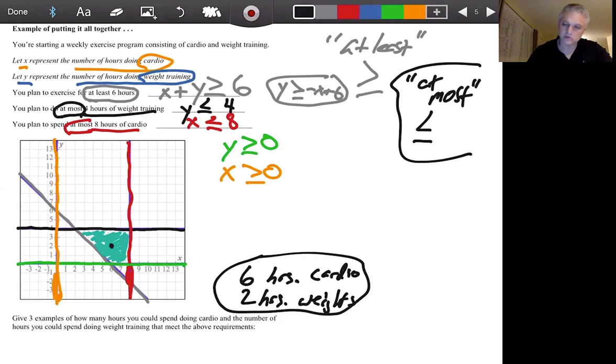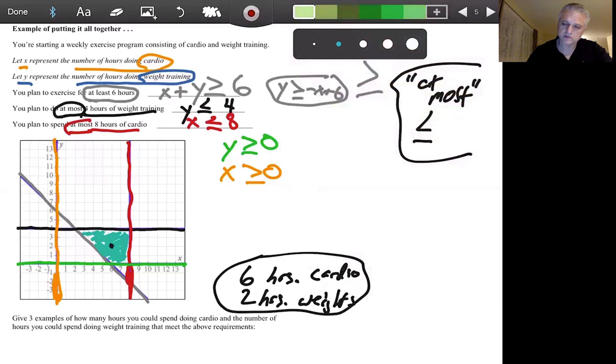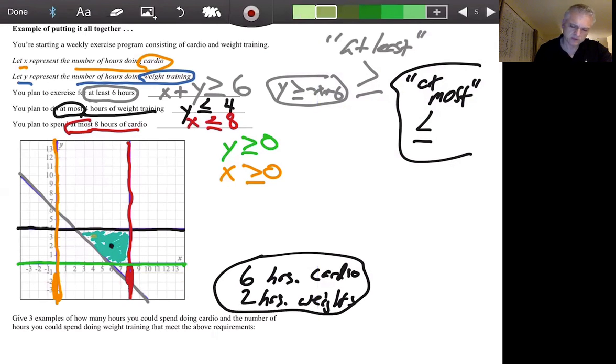Let's go to this group here. This one. Let's go with this point right here. That's the point 4, 3. So 4 is my x, which would be 4 hours of cardio. And then 3 was my y, so 3 hours of weights.